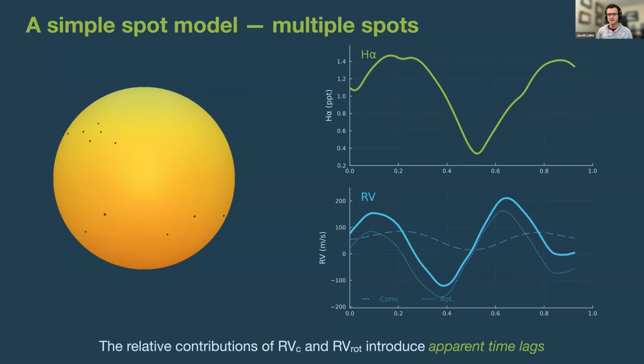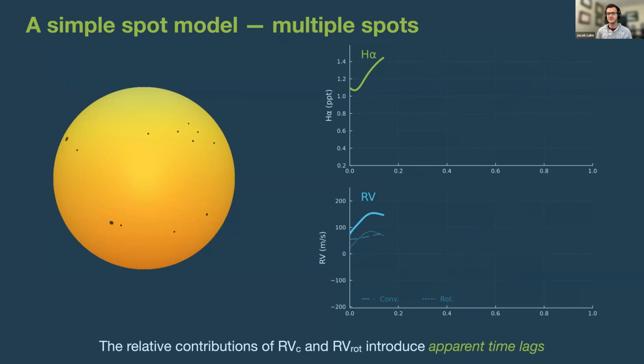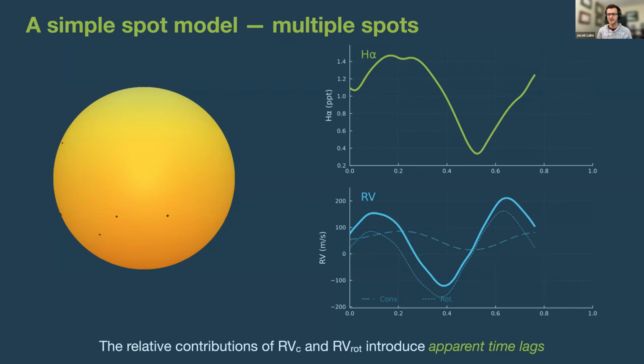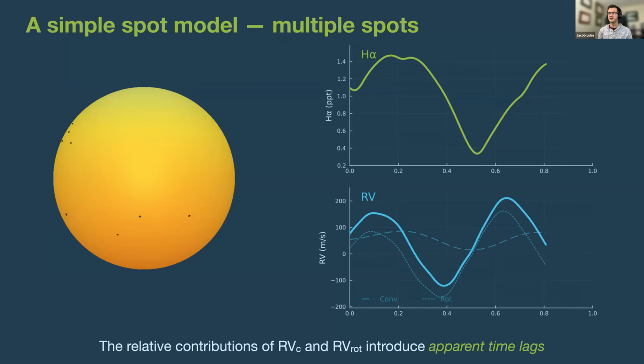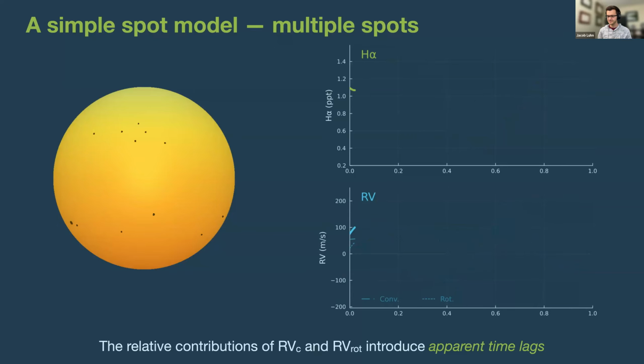And this is simply coming from the result of these two different components, convective component and the rotational component. Again, I mentioned how the rotational component peaks prior to its meridian crossing. And so that's why we see this typical RVs leading the H alpha time series.